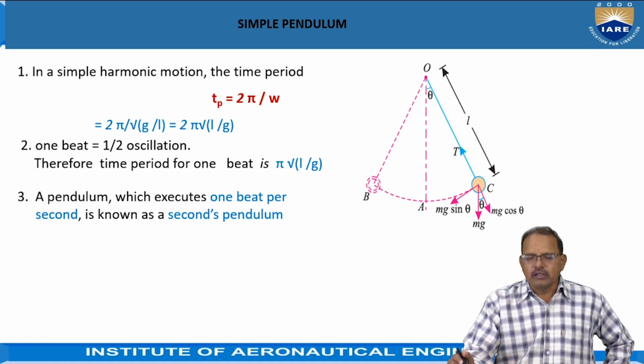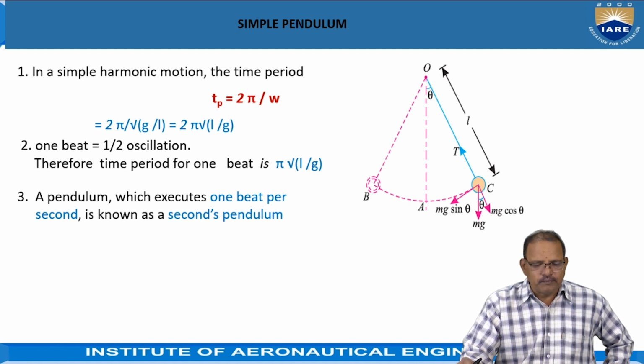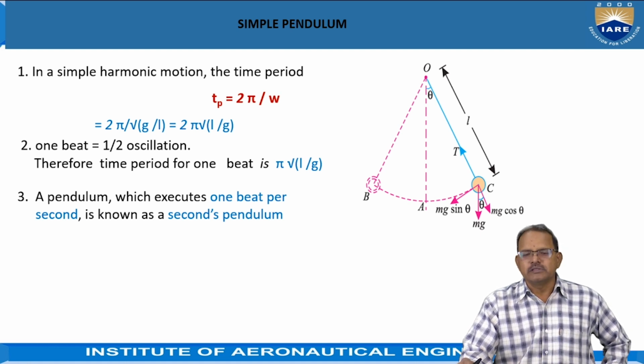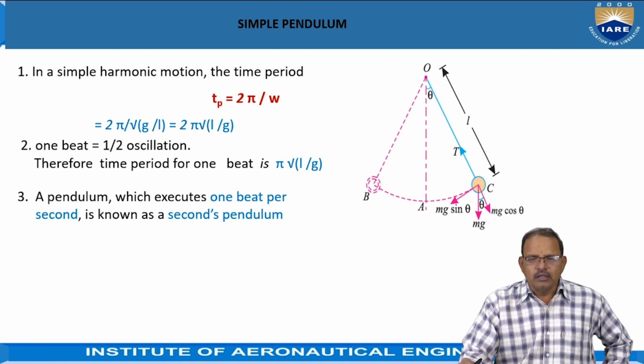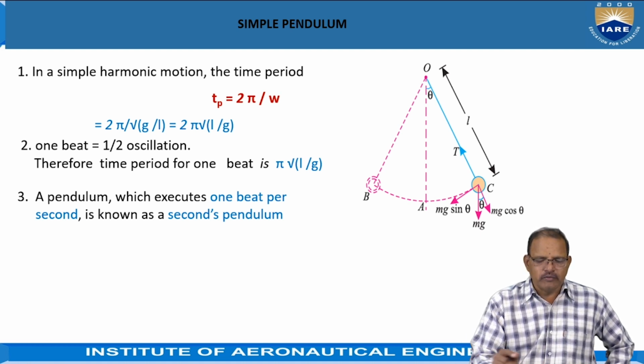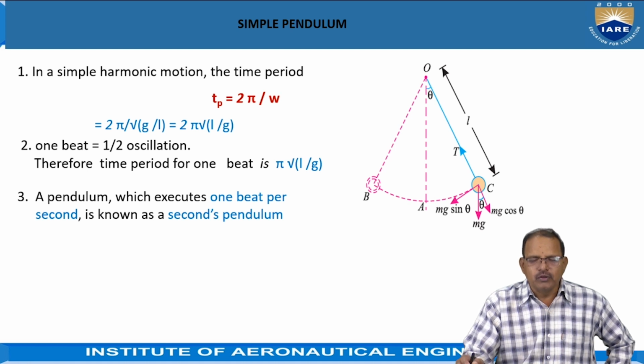Now after giving a small displacement from A and releasing it, it executes vibrations. These vibrations are called natural vibrations, because no force is acting on it in every cycle. The time period for an oscillating body is given by T = 2 pi by omega.